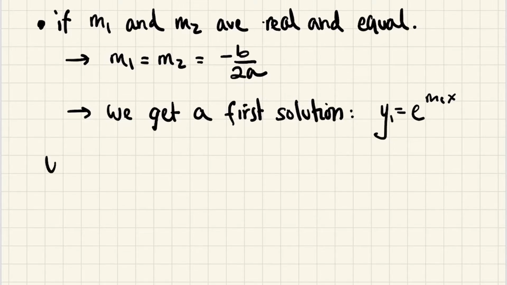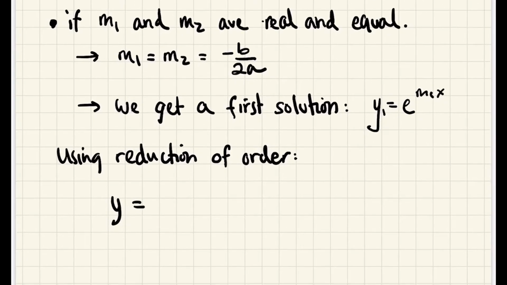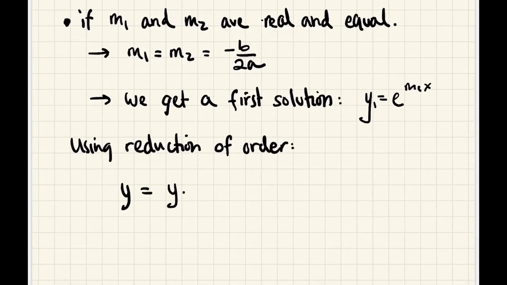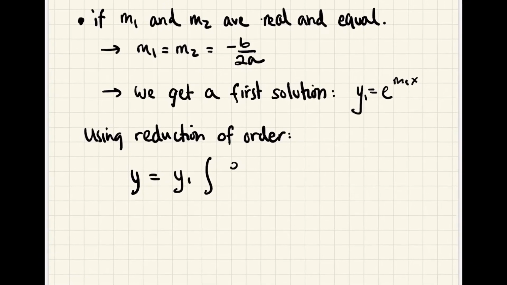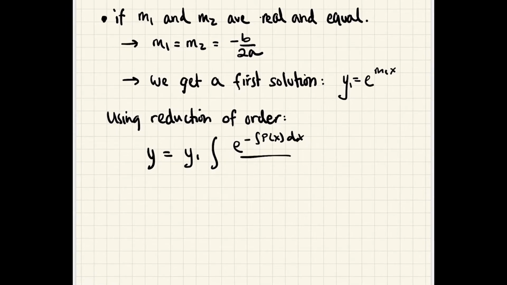So using reduction of order, we get the second solution here. Our second solution will be that first solution multiplied by the integral of e to the negative integral of p of x dx, all divided by y1 squared, dx. All right, let's just work this out.